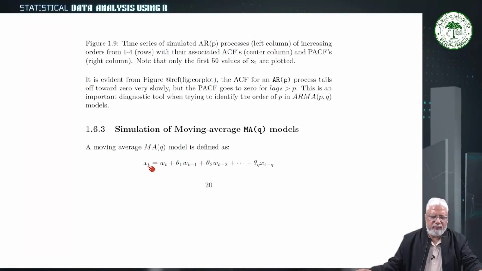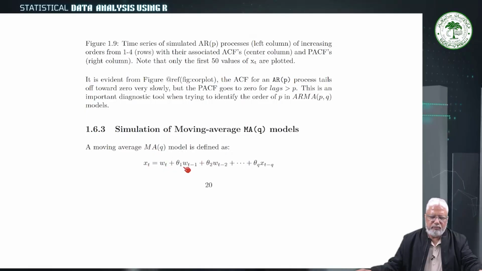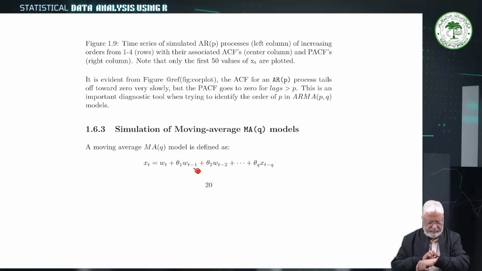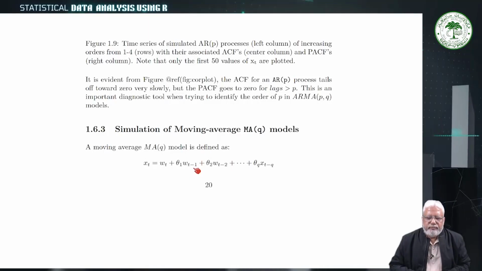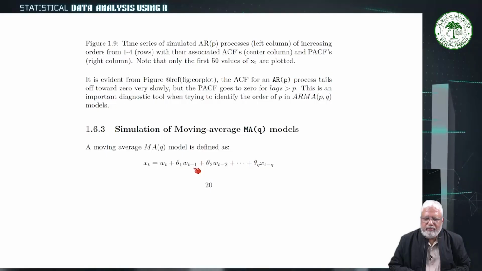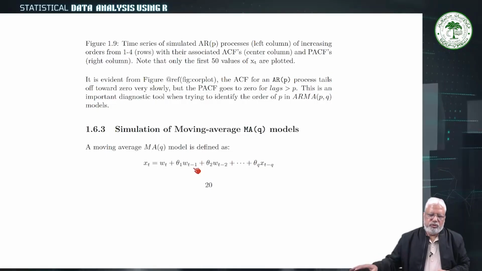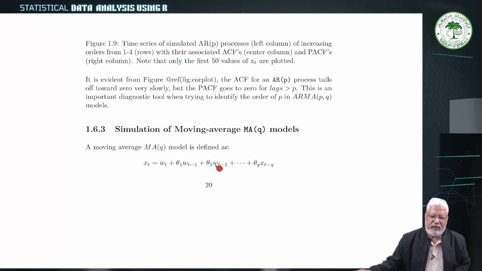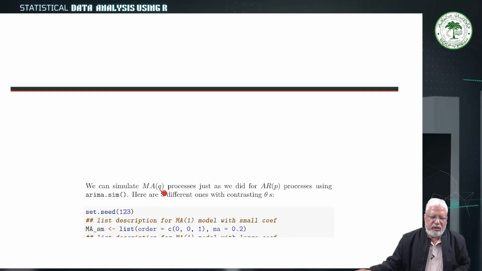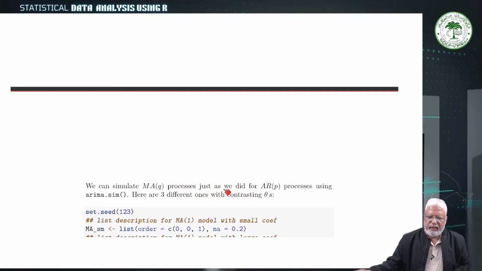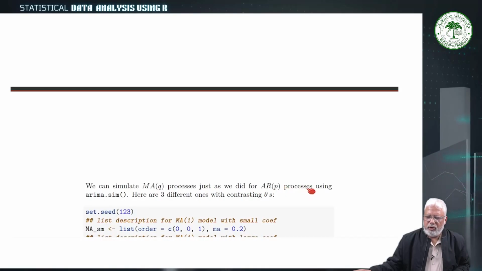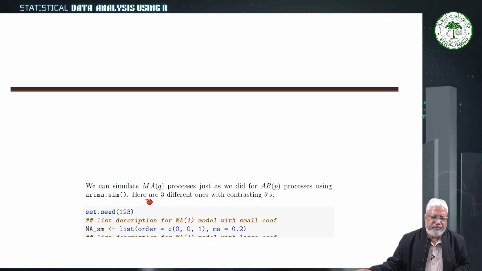You know this model is defined as x_t equal to w_t plus theta_1 w_{t-1} plus theta_2 w_{t-2} and so on up to theta_q w_{t-q}. So this is the moving average model of order q. We can simulate MA(q) processes just as we did for AR(p) processes using arima.sim.